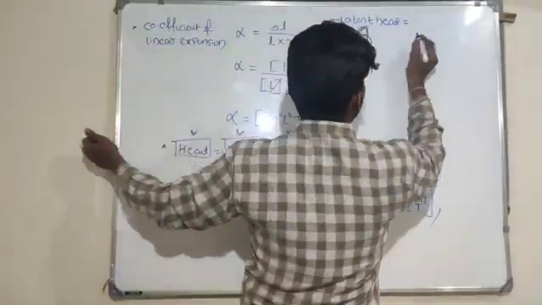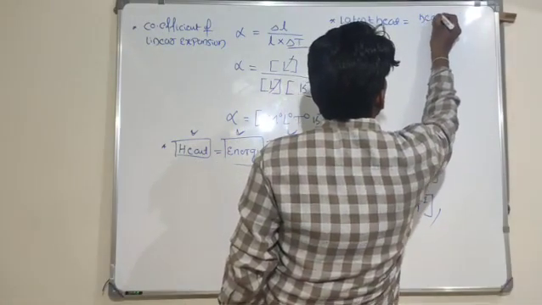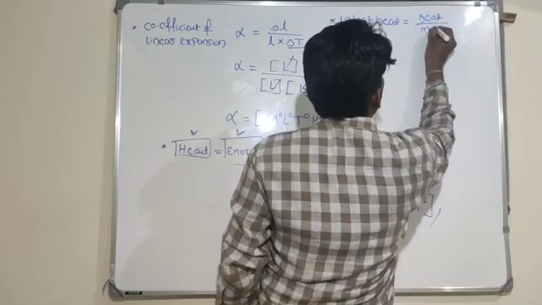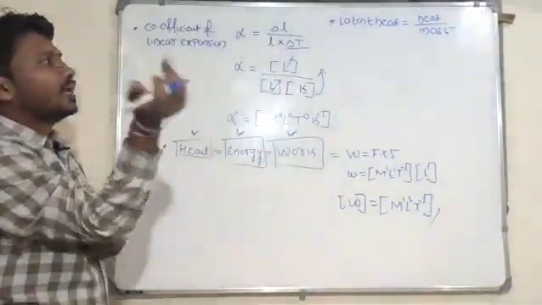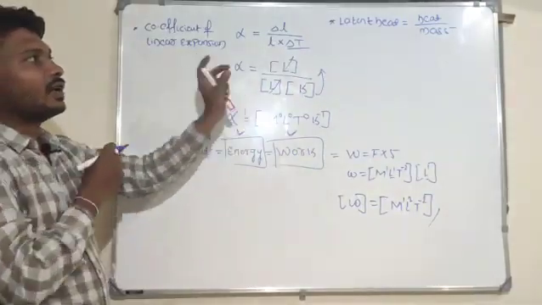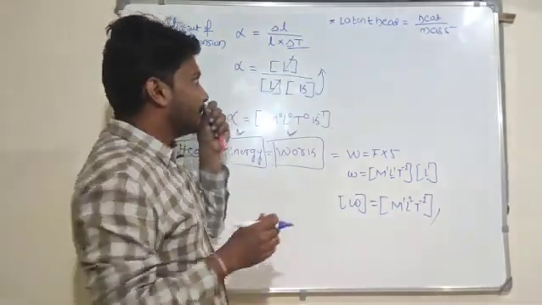Latent heat is the ratio of heat by mass. Latent heat is equal to heat by mass.